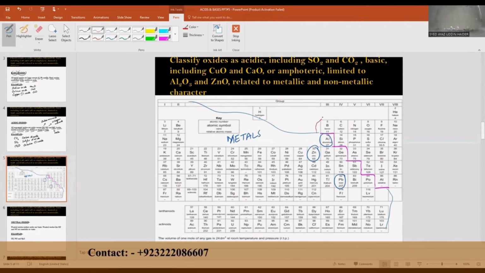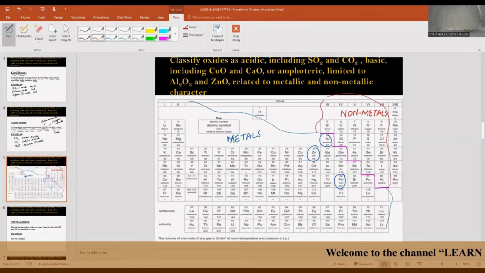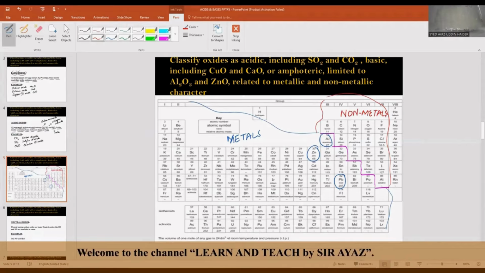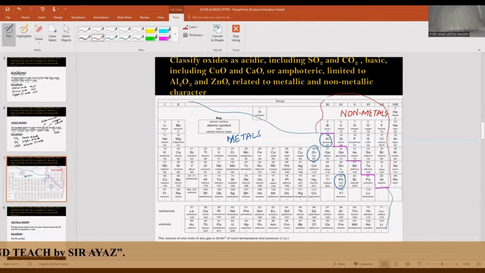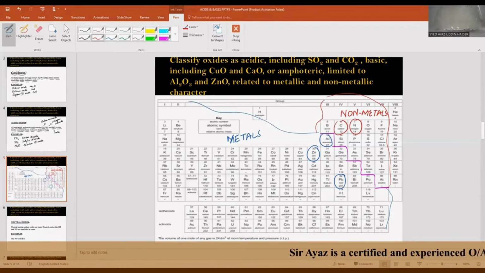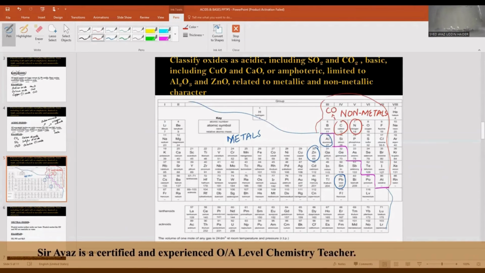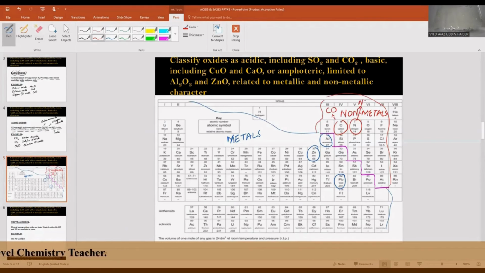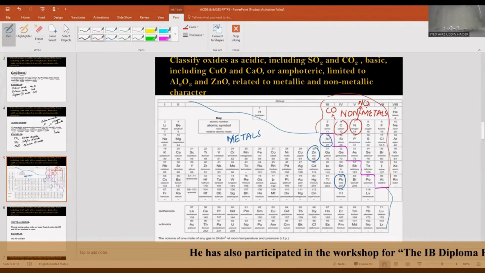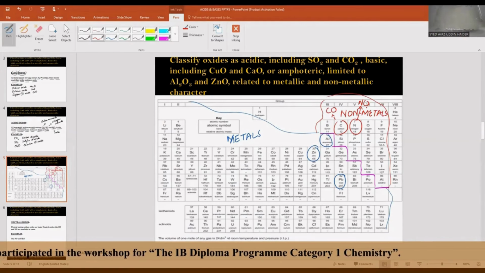Above the staircase line, you have non-metals. And I've just explained all non-metals form acidic oxides except CO, NO, and H2O. So you have CO coming from C, NO coming from N. These two, including H2O, which is water, are not acidic oxides.